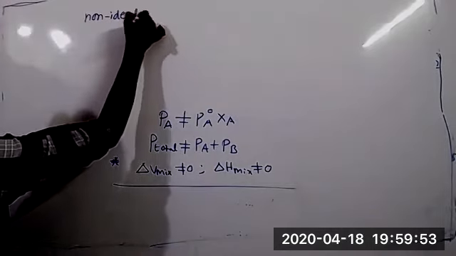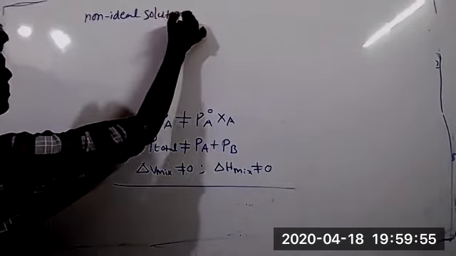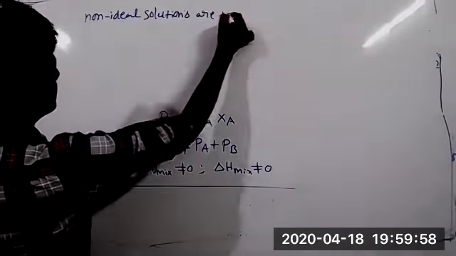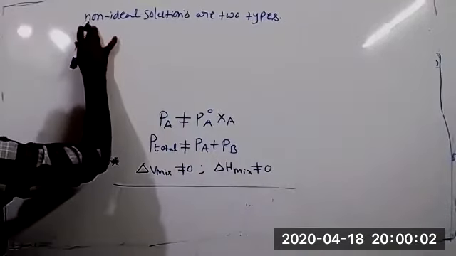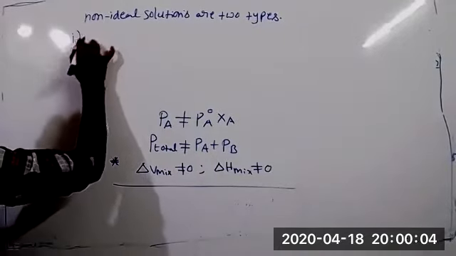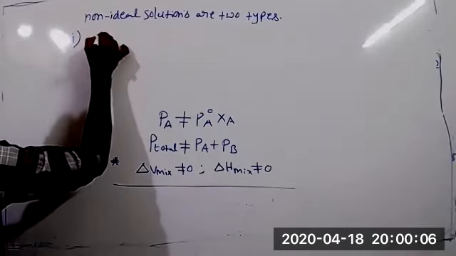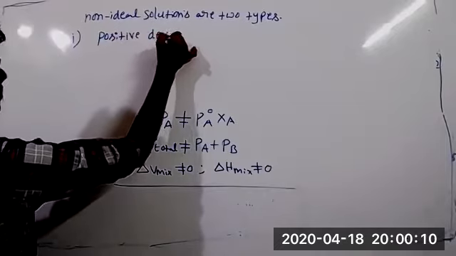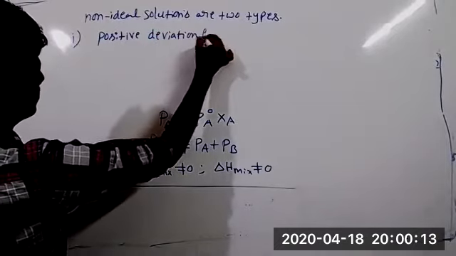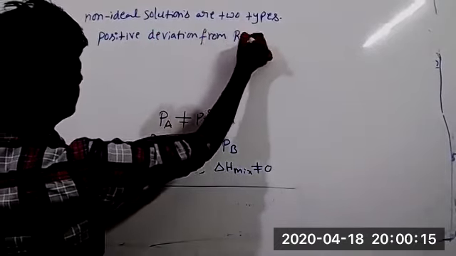Non-ideal solutions are 2 types: first one, positive deviation from Raoult's law.